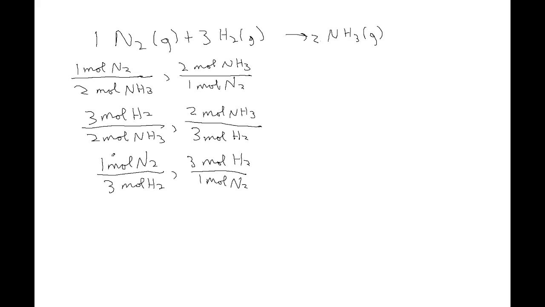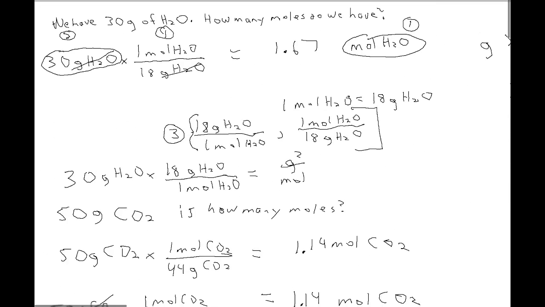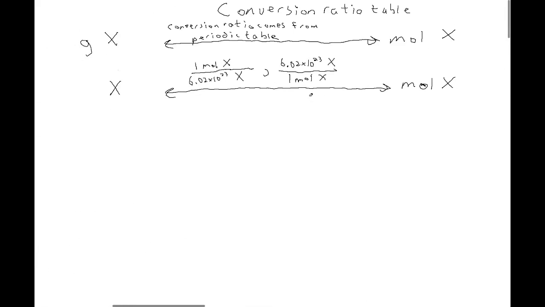Okay, so I think we're already ready to go back to our table and write down another type of conversion ratio. So can you see, what have we learned to convert between? Remember, before we learned how to go from grams of X to moles of X, or individual X to moles of X. This might be a little hard to put into words, but what should I write here and here?